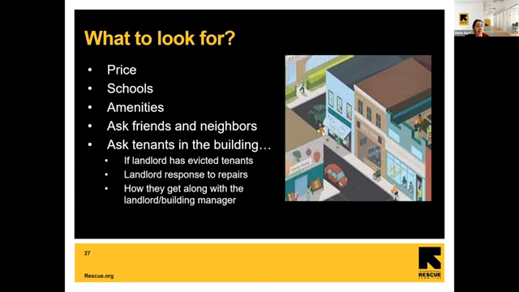And if you're looking at a specific building or apartment, you can ask people that live there. You can ask how the landlord is, if they've evicted people, are they good with repairs? So you can ask around and get more information because it's always good to be informed and give yourself as much time as possible to find your next place.